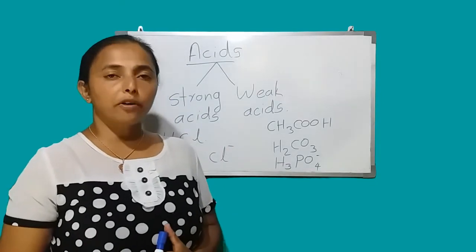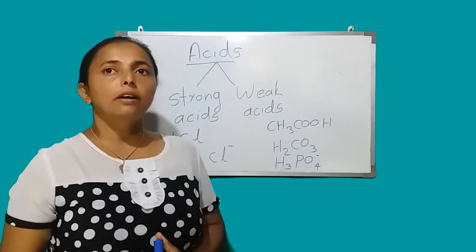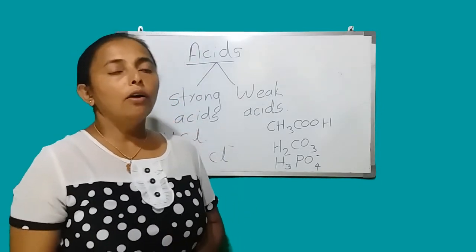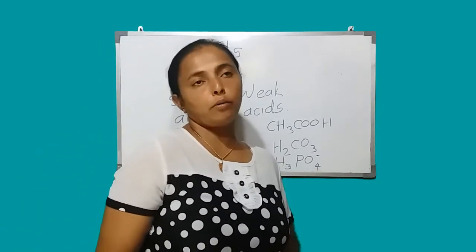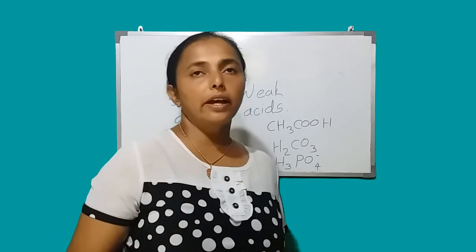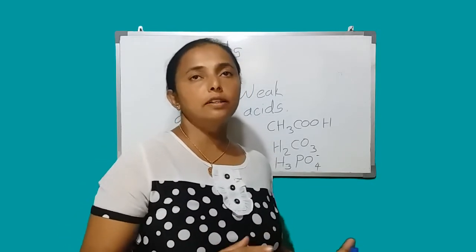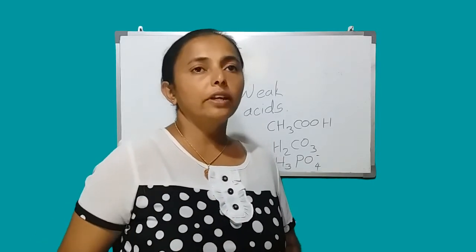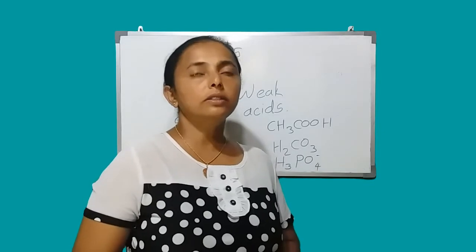In the laboratory you can find concentrated acid. How do we make dilute acid? We add some distilled water to concentrated acid. We can make dilute acid.